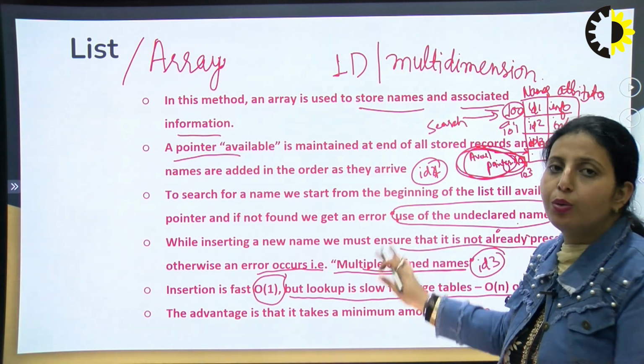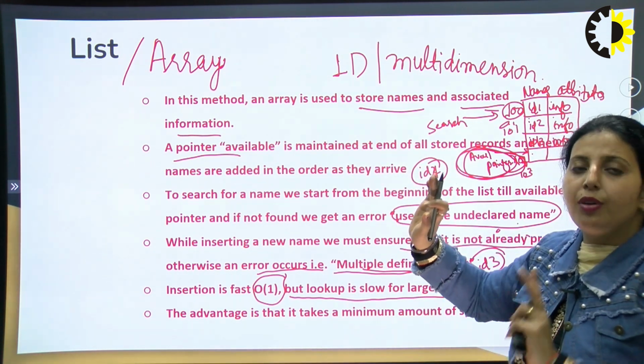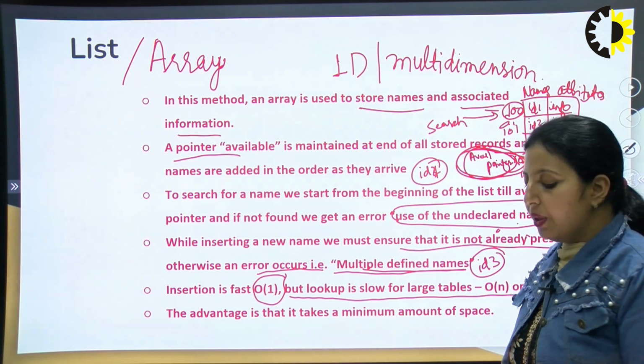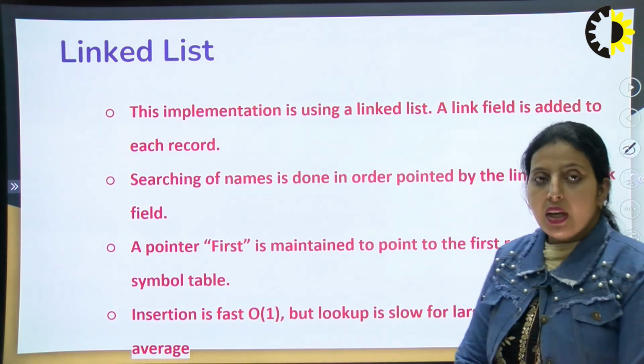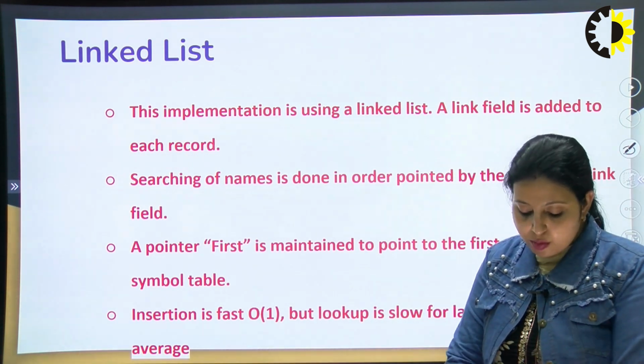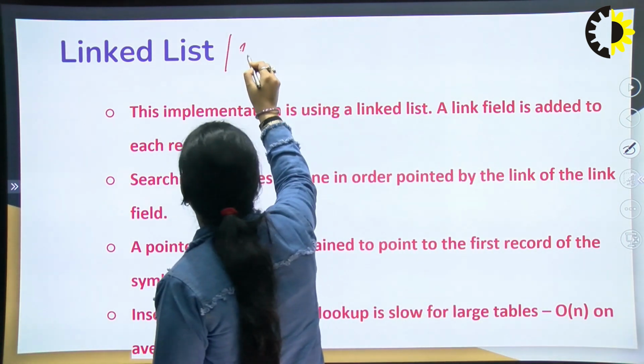So, this is all about the array or list, which is one type of implementation of the symbol table. Now, next is the linked list. We can also call the linked list a self-organizing list.